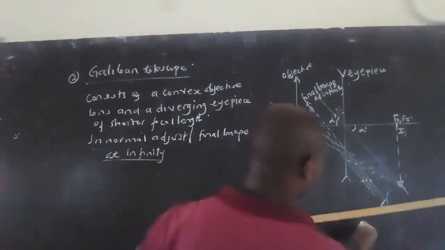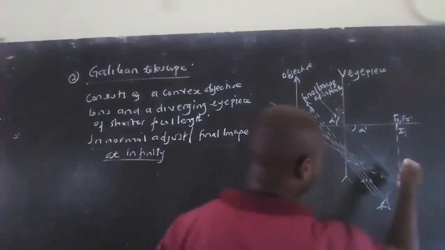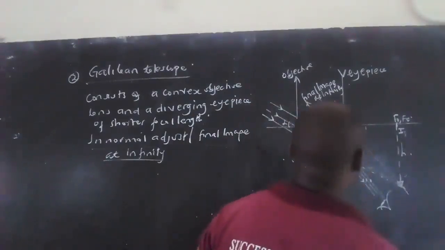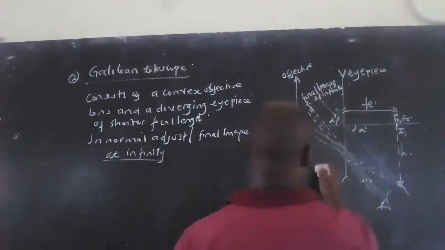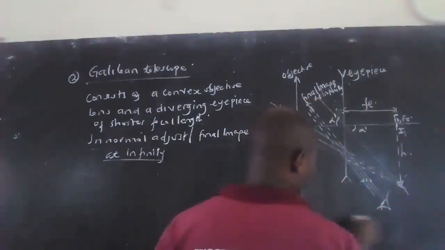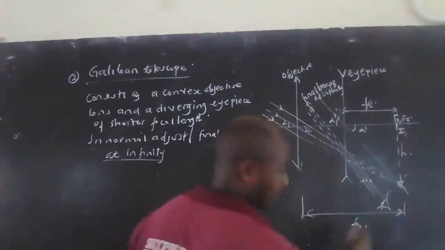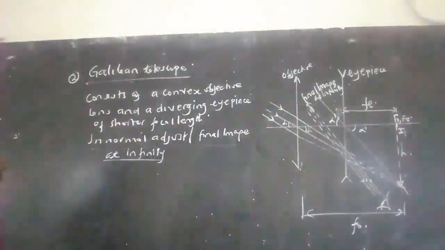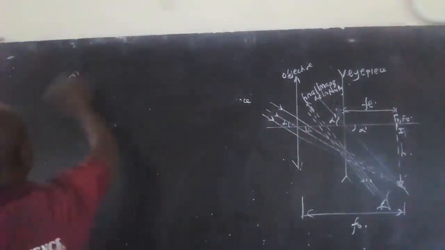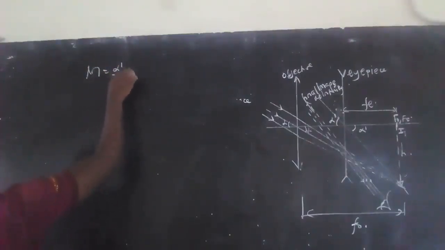Okay? So, the distance from here. Okay. So this is h, okay? So we shall say this distance is FE, and then from here to here, the distance is F0. So we get the magnifying power. So we shall say that magnifying power M is equal to alpha prime over alpha.